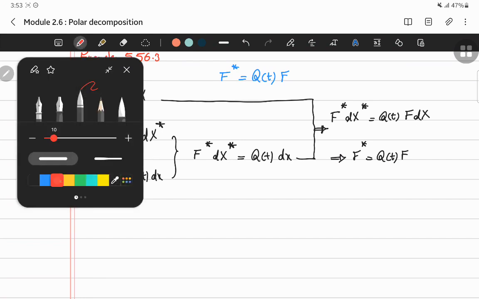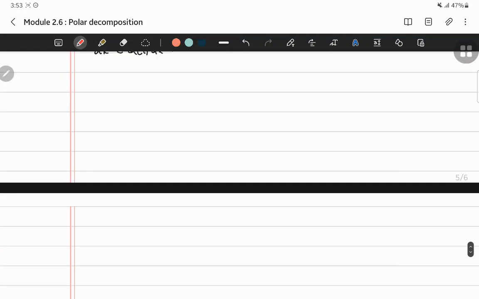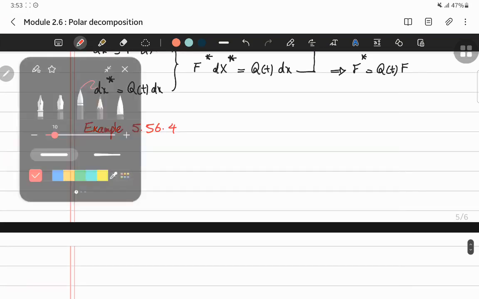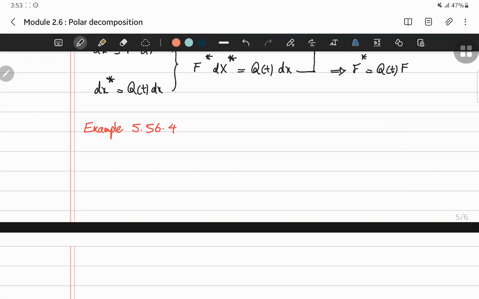Now we get to the last example, where it helps us to get to our point, the last point in this video, which one of the B or C tensors is objective.